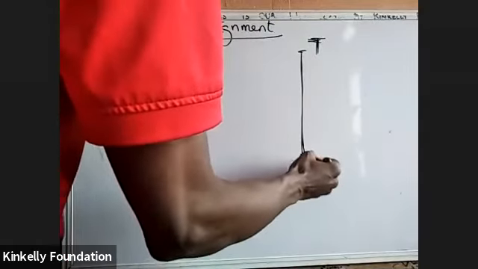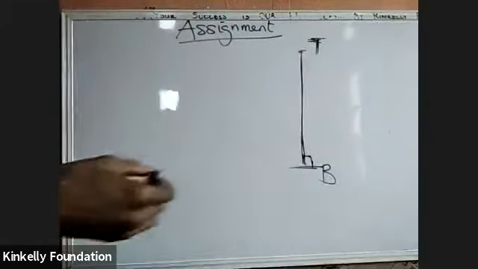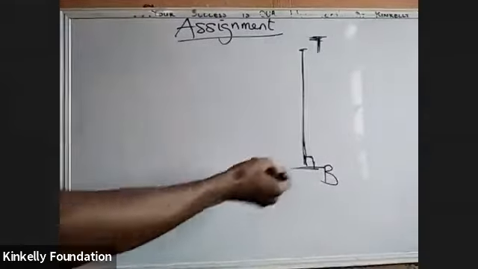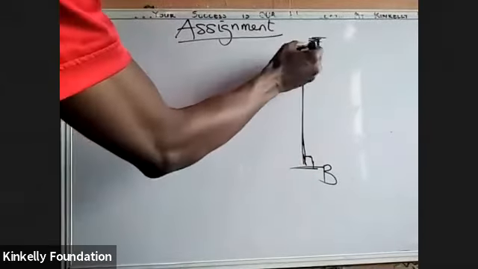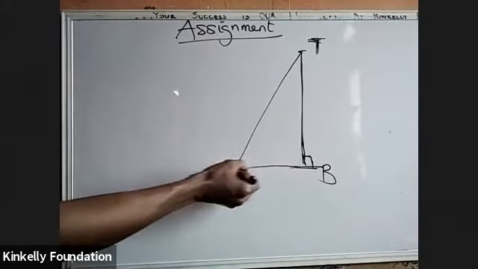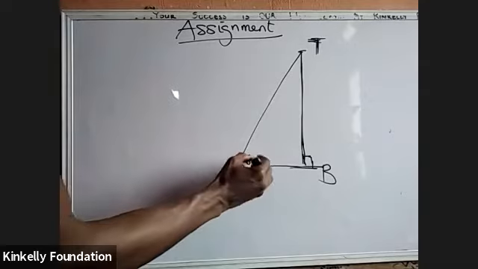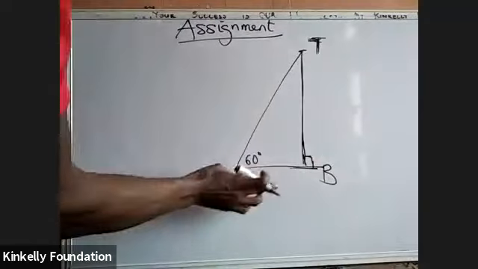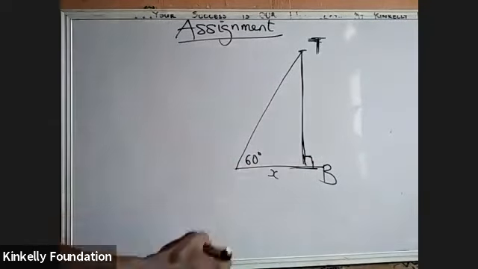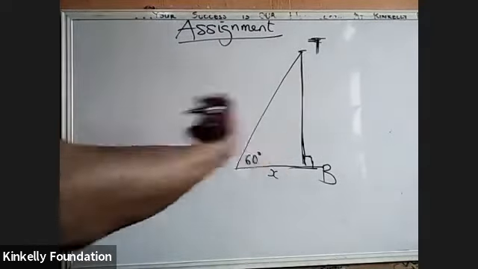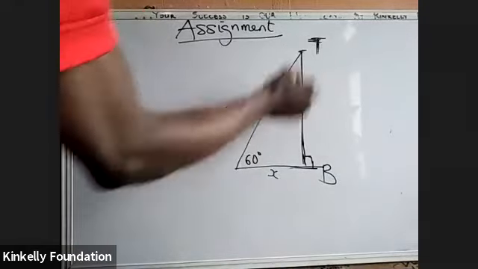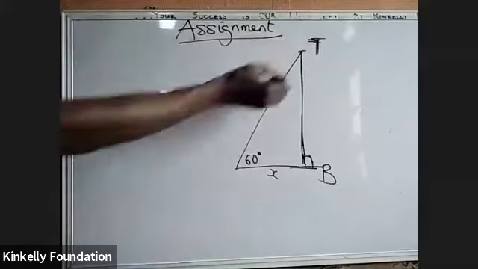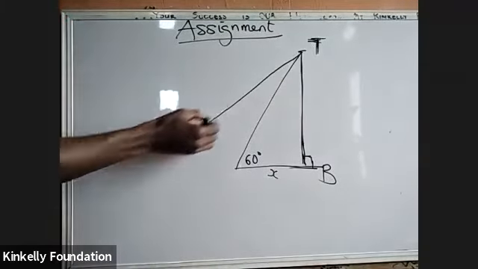The post is standing vertically, and the shadow of the sun at an elevation of 60 degrees, let's say this is 60 degrees, this is the shadow. Let's call it X. And this is longer by 6 meters when the elevation is 30 degrees.